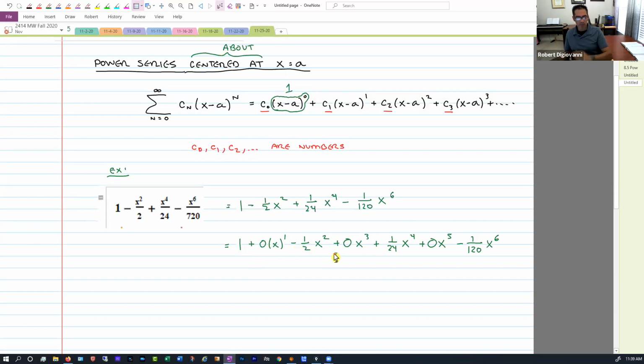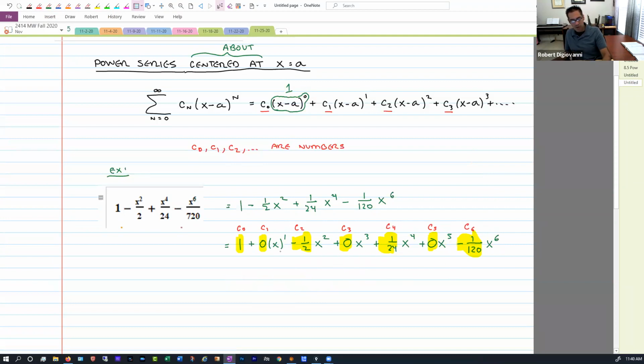Do y'all see that? We have to realize, since we're missing all the odd powers, we have to put zeros in front of them. So those numbers right there are c sub 0, c sub 1, c sub 2, c sub 3, c sub 4, c sub 5, c sub 6. Do y'all see that?